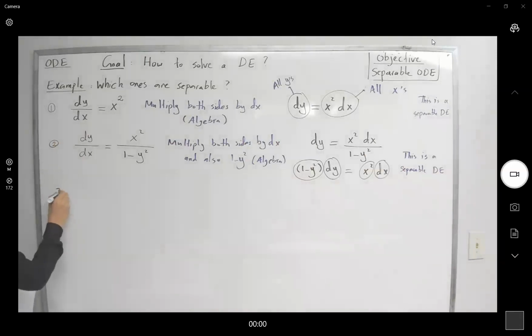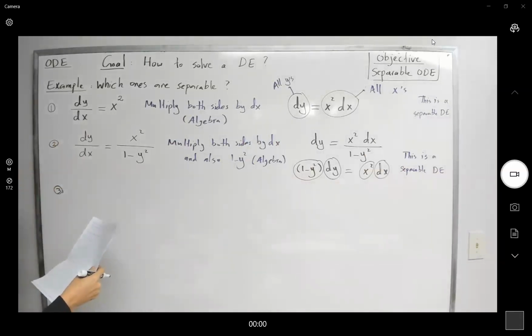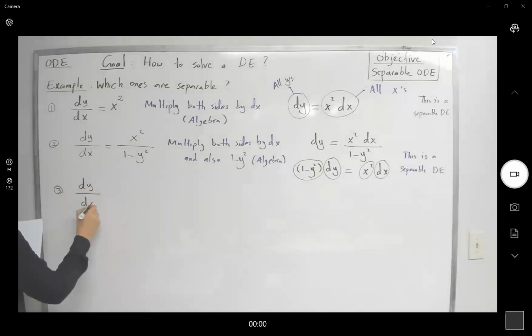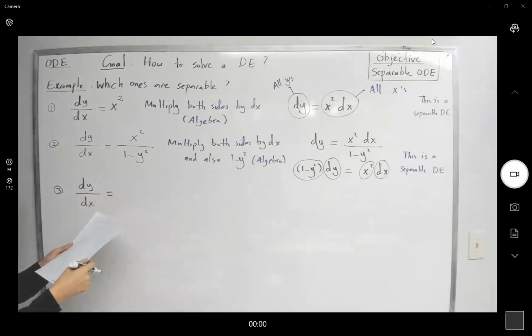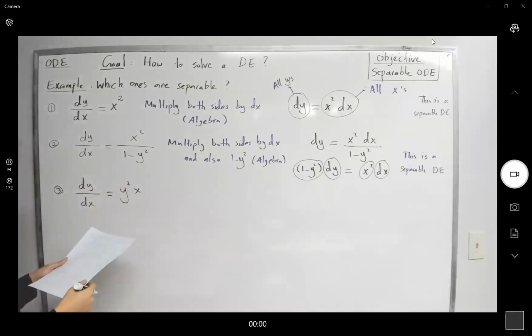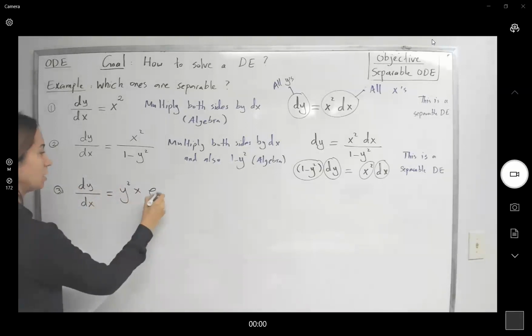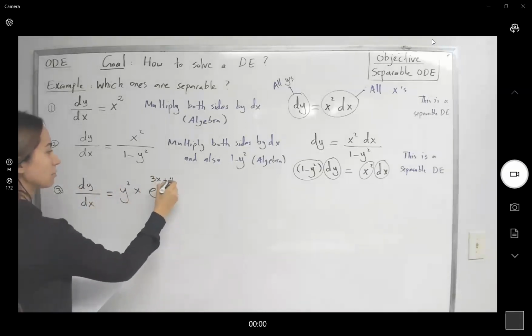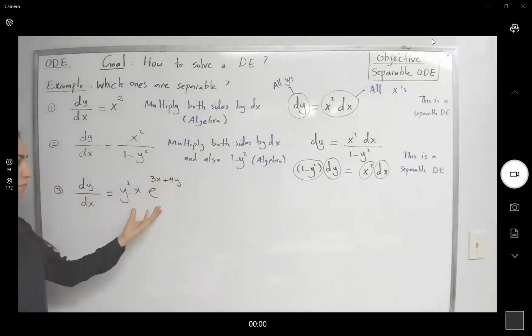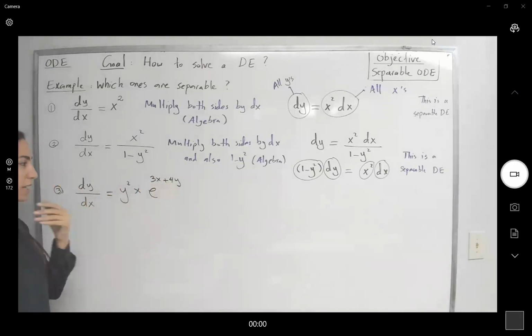Example number 3. Take a look at this. dy over dx is given to us as y squared x times e to the 3x plus 4y. I'm looking at the expression on the right-hand side.